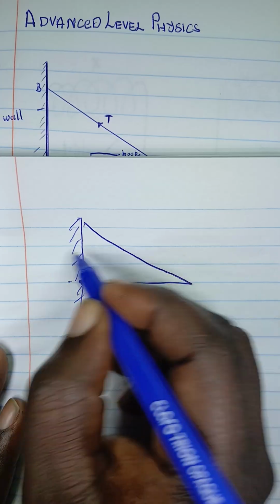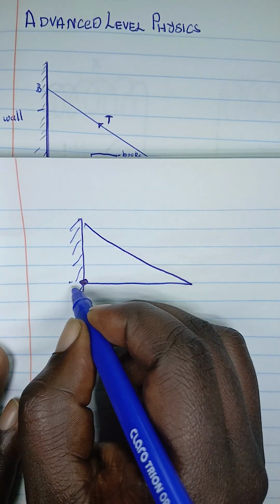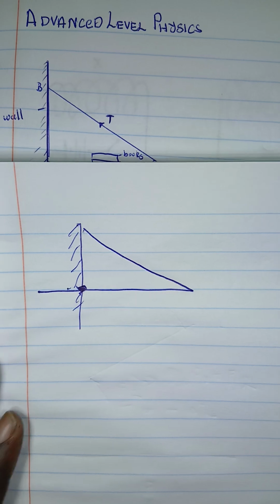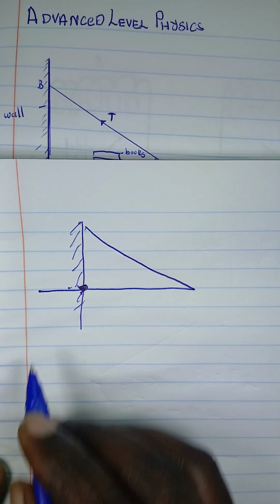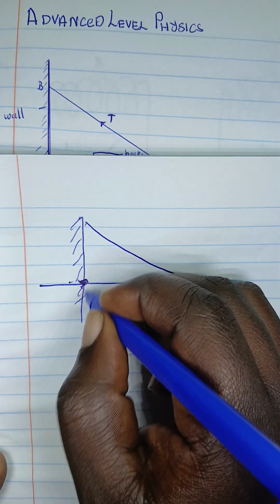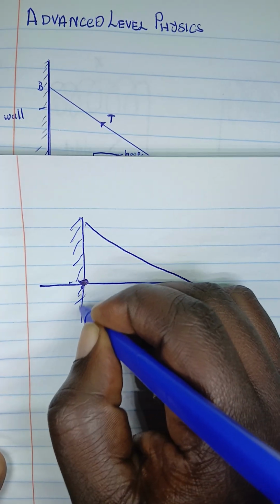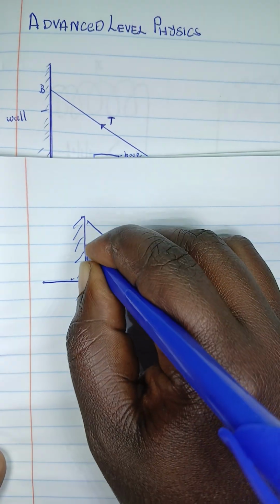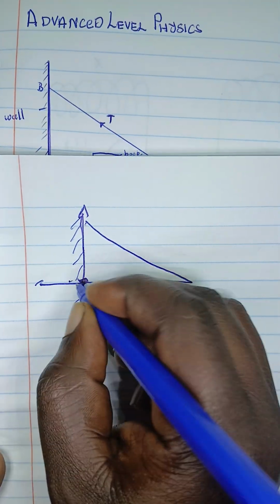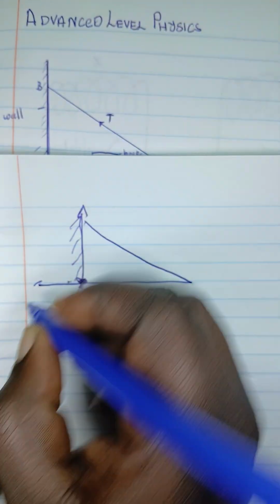The tension is going to put a force here, so the hinge will oppose it according to Newton's law: every force has an opposite and equal reaction. There is also a downward force on the board, so the hinge is opposing these two forces.